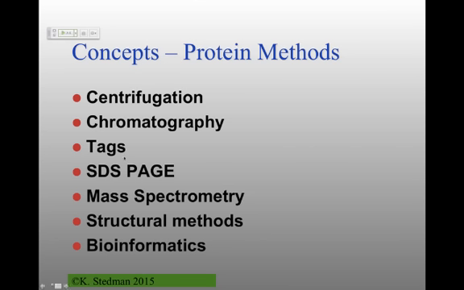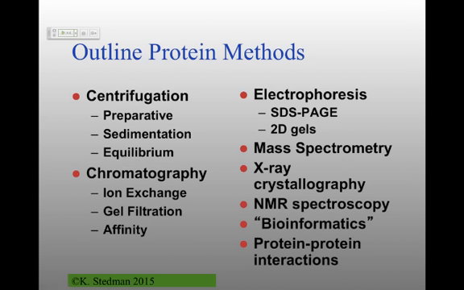Breaking the outline down a little bit more, talking about centrifugation, there's really three different kinds of centrifugation. Either a preparative method, which is basically really big, or analytical methods, which is relatively small. These are sedimentation and equilibrium centrifugation. We'll look at examples for all of these in just a second. Chromatography. How many of you have done chromatography in your chemistry lab?